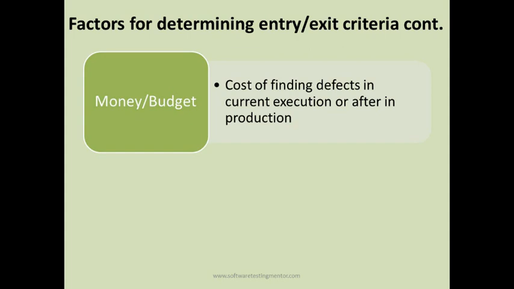So there needs to be some kind of exit criteria defined, which will make sure that once the software is deployed in the production environment, you do not get a lot of defects, because the cost of finding defects will be very high once the software is in production. So money and budget are other factors for determining entry and exit criteria.